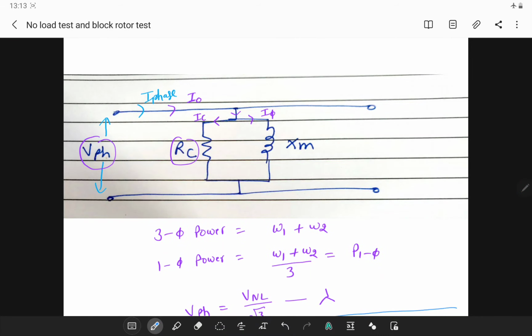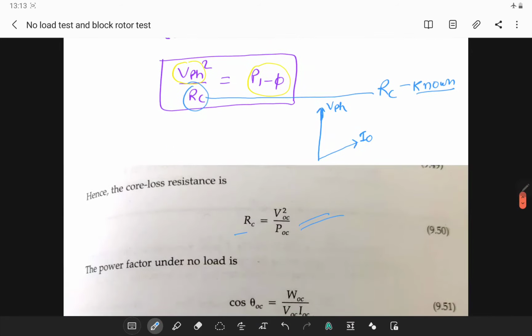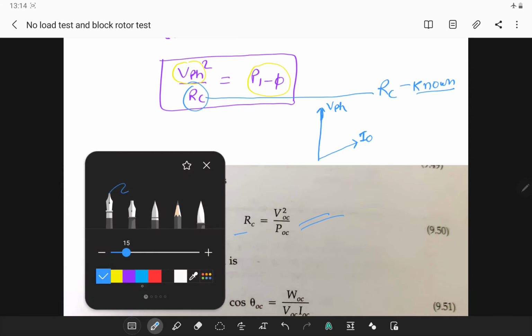So IC current is flowing in the resistance RC, so it will be the in phase component of V phase, and I phi current is flowing in the XM, that is inductance. So it will lag behind the voltage, that is 90-degree lag. So I can say that I naught will have two components.